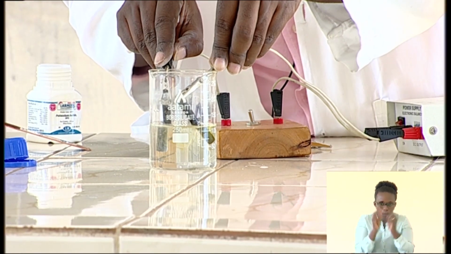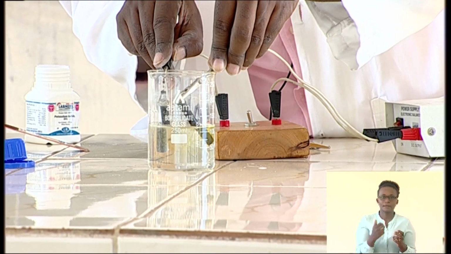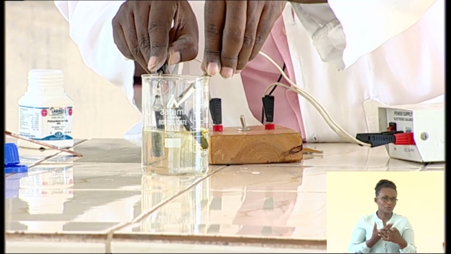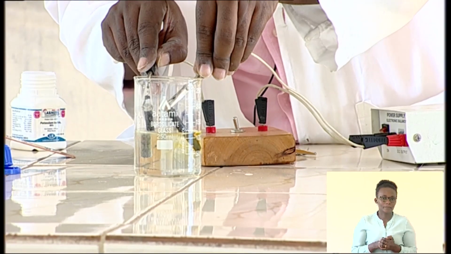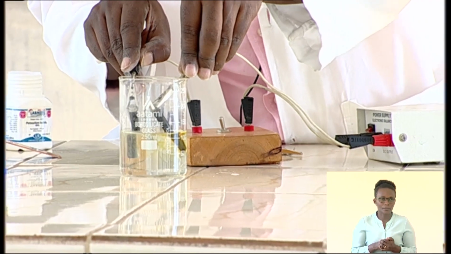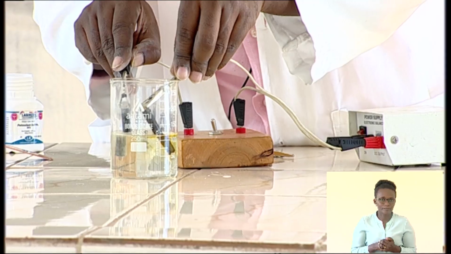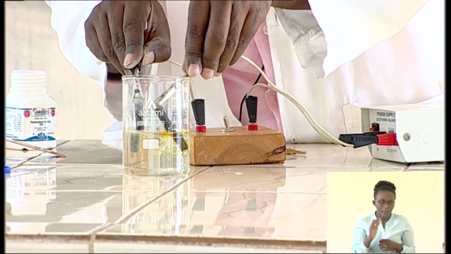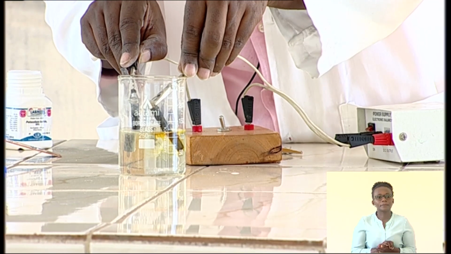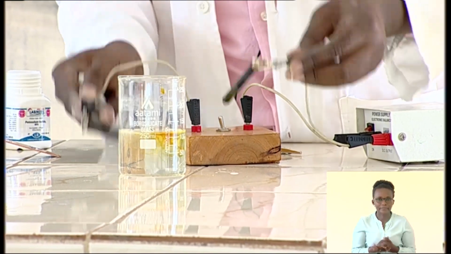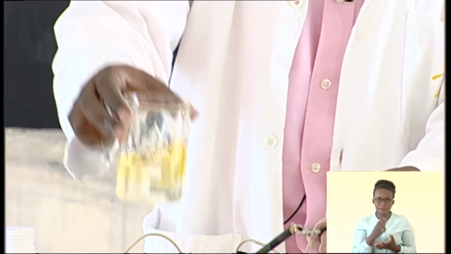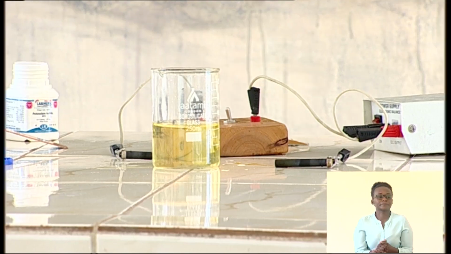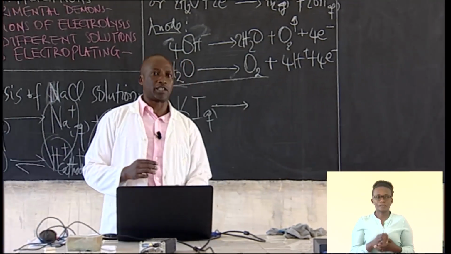You see the other one, a bit brown, yellowish brown gas forming on this electrode. And which electrode is that? And then we have the other one which is bubbling very fast, which is colorless in the solution. Look at the solution, it is changing. So this is what we're just going to explain, what happens in the solution.